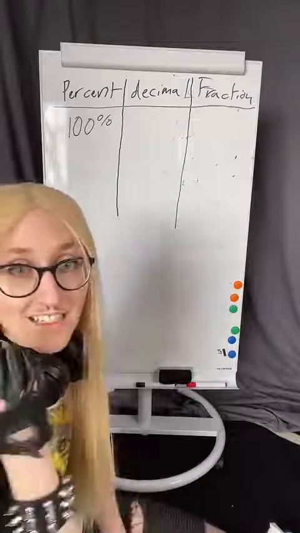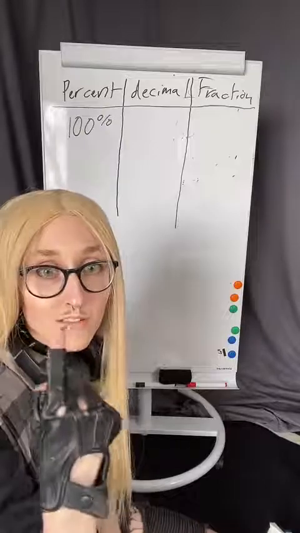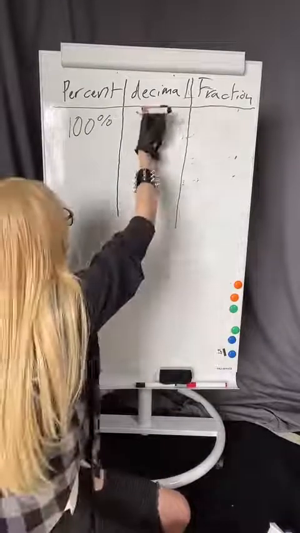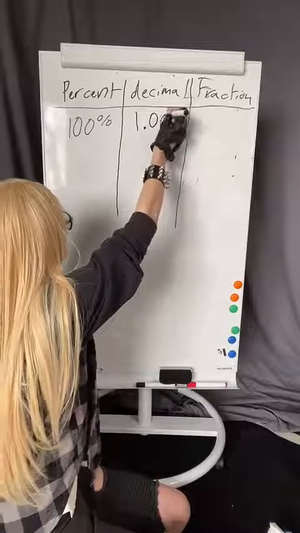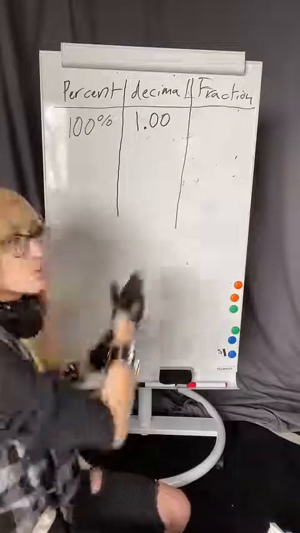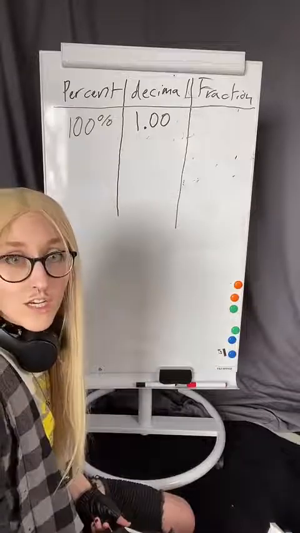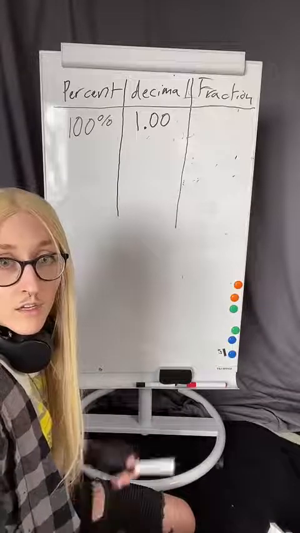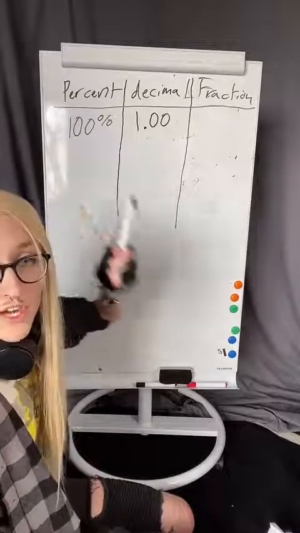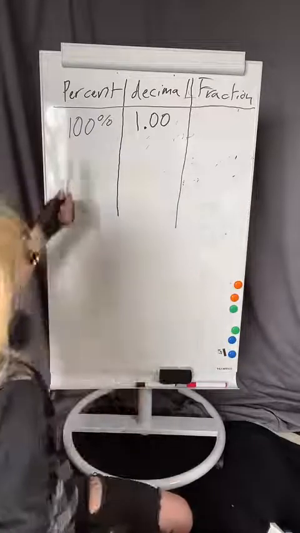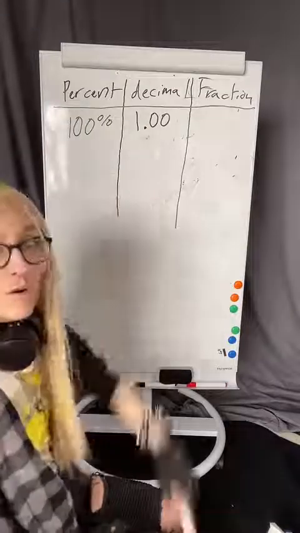So if I was writing that as a decimal, it's 1. And if I wanted to add the decimal to make me feel good, it's 1 whole. Kind of like that almost looks like a dollar amount, right? You'll see why I wrote it this way in a bit. It's to drive a point home. But 100% is 1 whole.